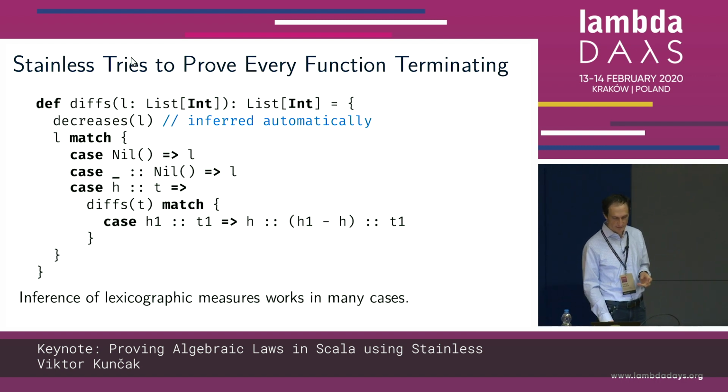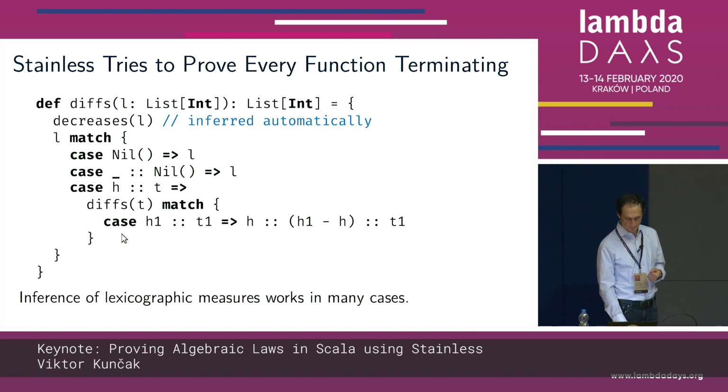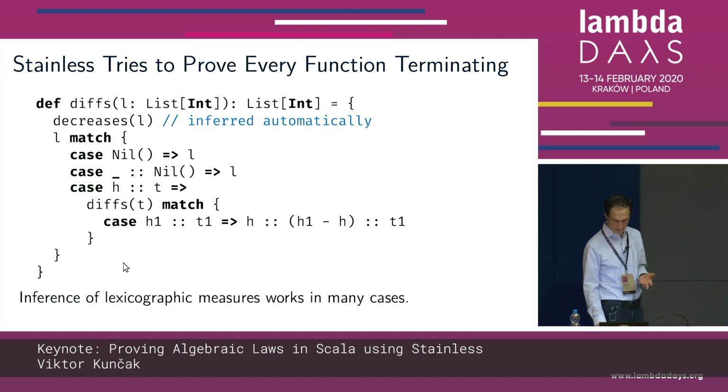You can specify these explicitly using decreases clauses when the system doesn't manage to do it, but in many cases it manages to do it. And so you can see, for example, here that we have pattern matched on L and obtained T. T is structurally a shorter list than L, and we are making a recursive call on this shorter list, and that's the reason why this recursion terminates.